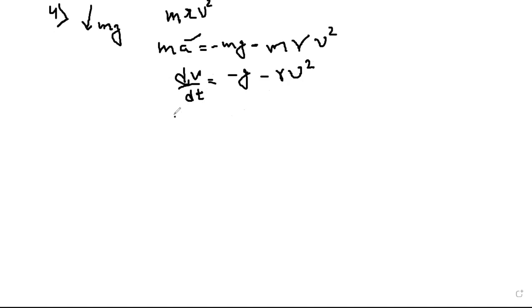So after that 1 upon γ remains common, and here we can integrate, the value is given v0 to v, and here dv upon, under root, g upon γ whole square, the under root remains cancel out from the whole square, plus v square.